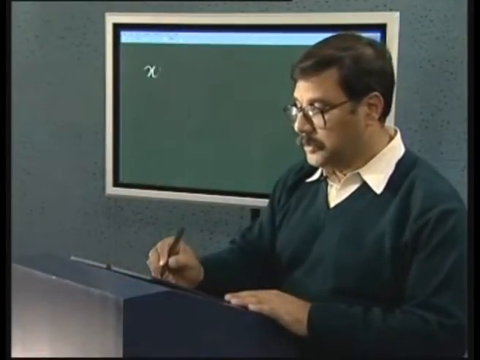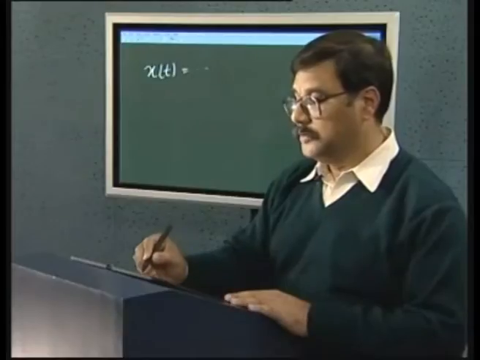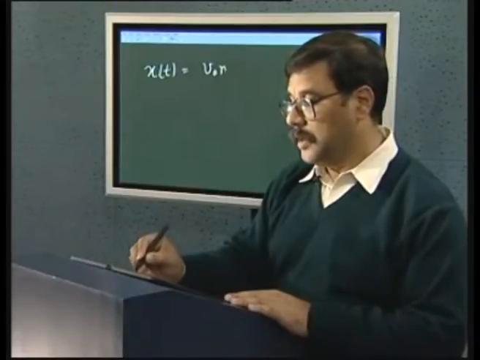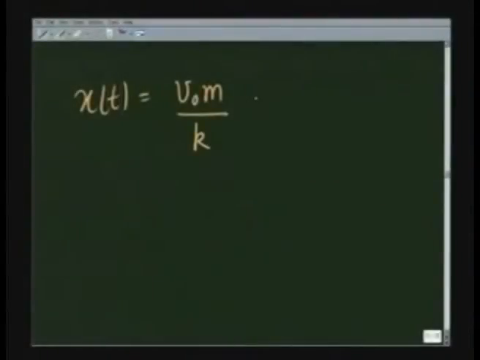So let us look at this expression once more, which is v0 m over k times (1 minus e raised to minus k over m t), and ask if this is the correct answer.